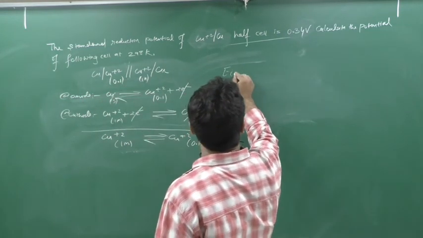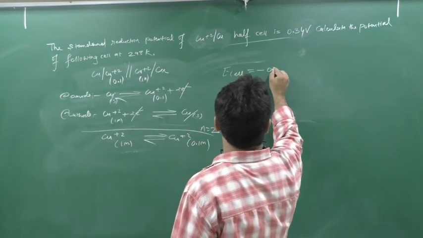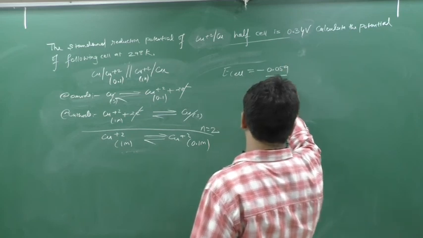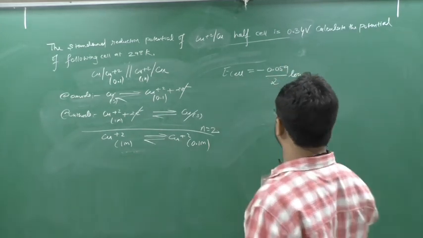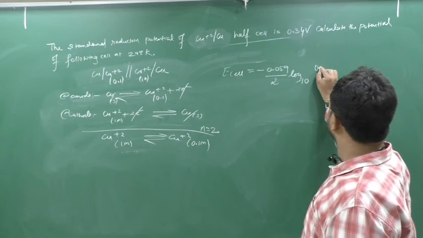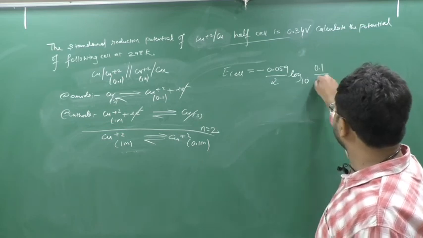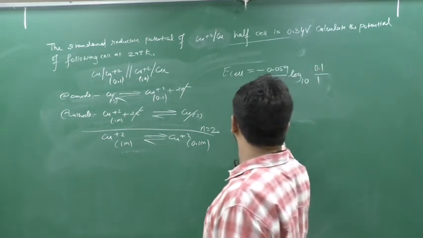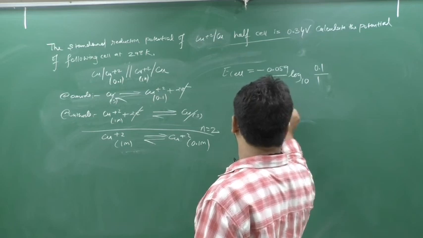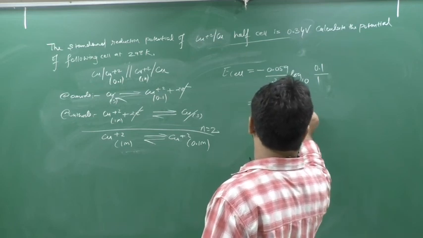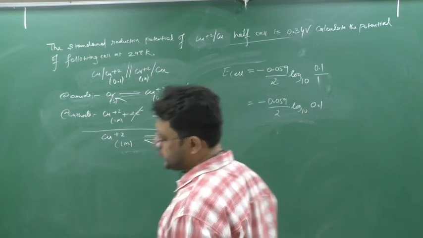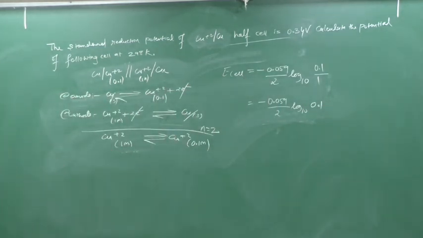E cell equals minus 0.059 by 2 log to the base 10 of the concentration of product upon concentration of reactant. So minus 0.059 by 2 log of 0.1, because 0.1 by 1 means 0.1. You can solve it yourself.